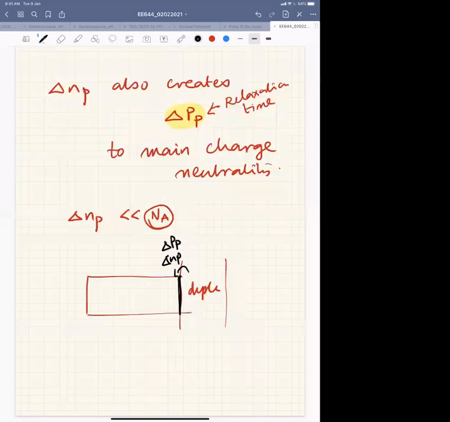If there is a majority carrier gradient, we'll have an electric field, and that electric field means we then have to consider the drift. But low level injection will allow you to consider only diffusion.